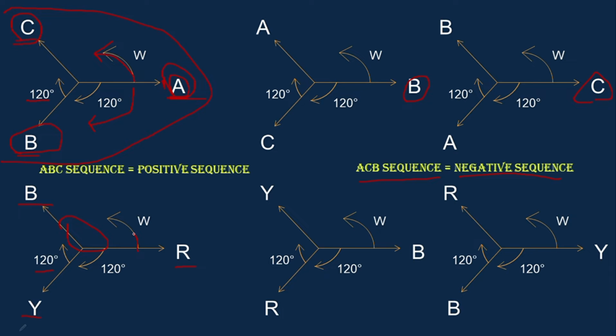So, kapag pa-counterclockwise ang rotation ng ating diagram, ang magiging result nito ay R, Y, B. At ito ay positive sequence. Kapag clockwise naman ang rotation nito, ang magkakaroon tayo ng R, B, and Y. At ito ay negative sequence.